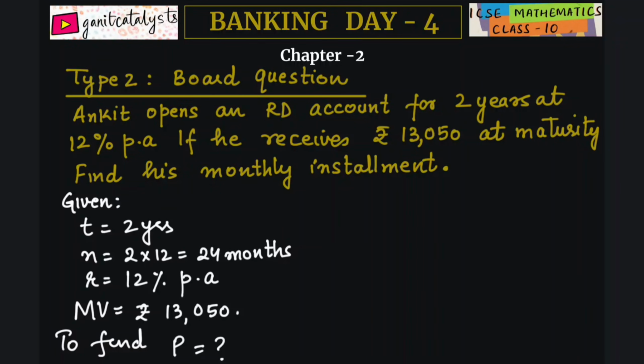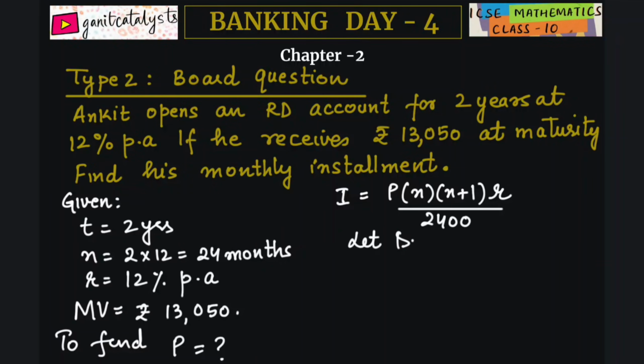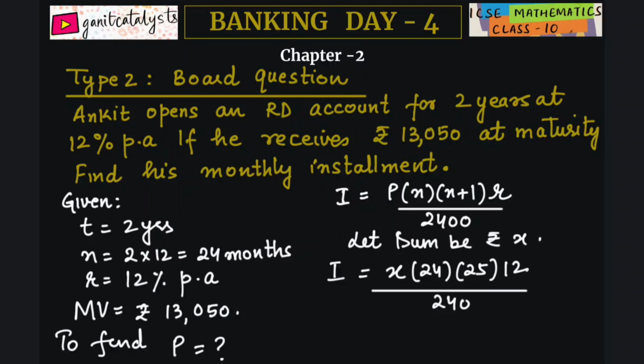So the formula to be used, first formula: interest is equal to P into N into N plus 1 into R upon 2400. Now let the monthly sum be rupees X. So interest is equal to X into 24 into 25 into 12 upon 2400.